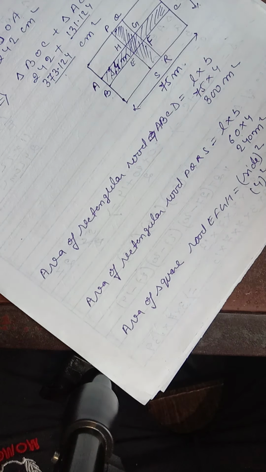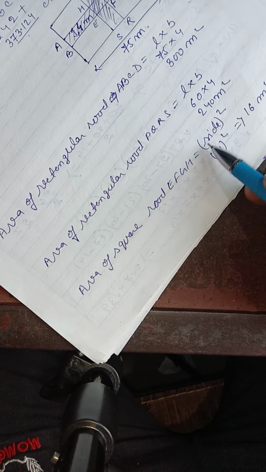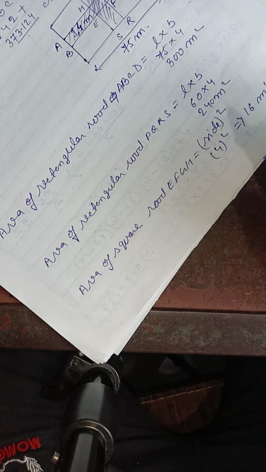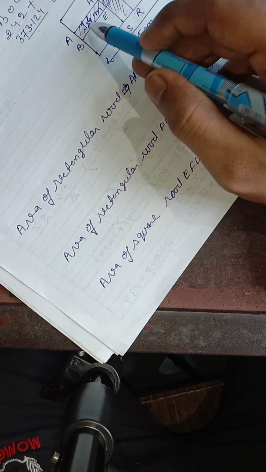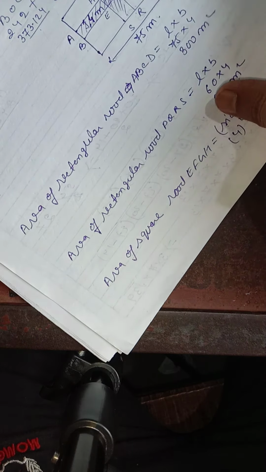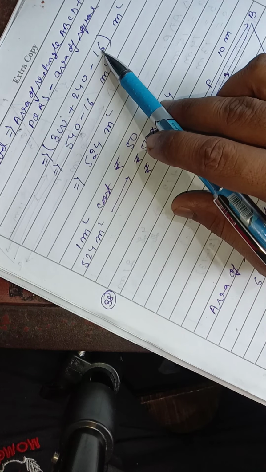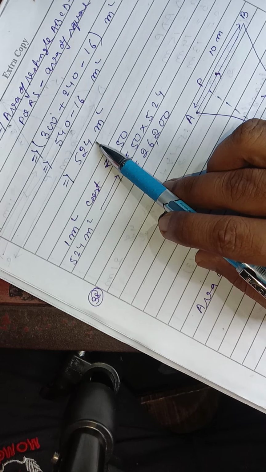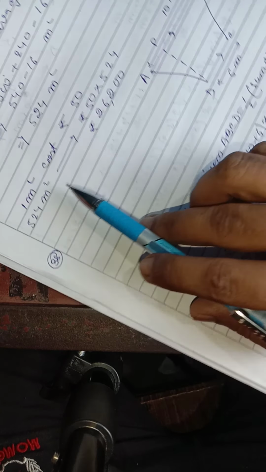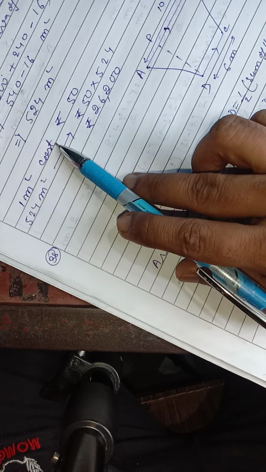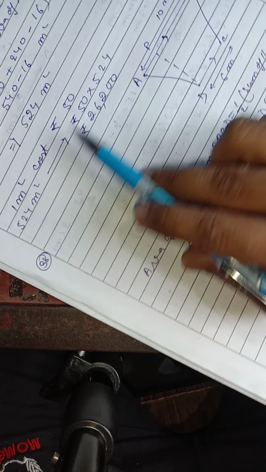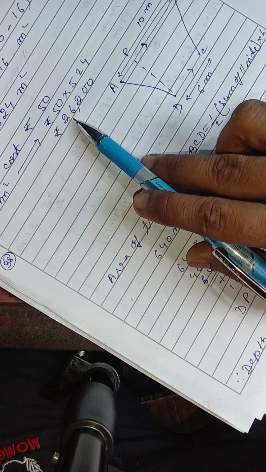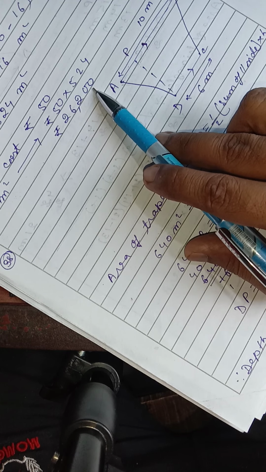So find the value; the side is square. Add these 2 numbers but subtract this, and you will get the area of the road. Add both of them and subtract 16, and you will get the area of the road. As given in the question, 1 centimeter square costs ₹50. The total area which we have got, multiply by 50, and your correct answer is ₹26,200.